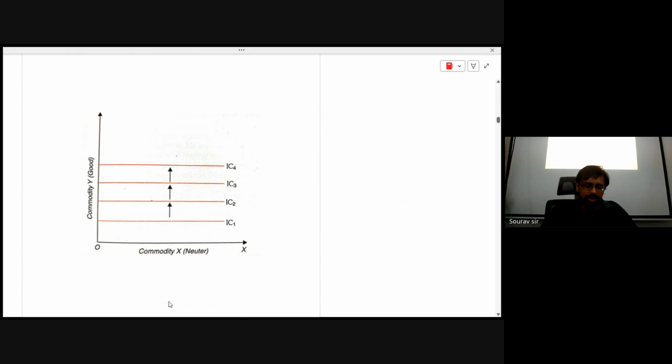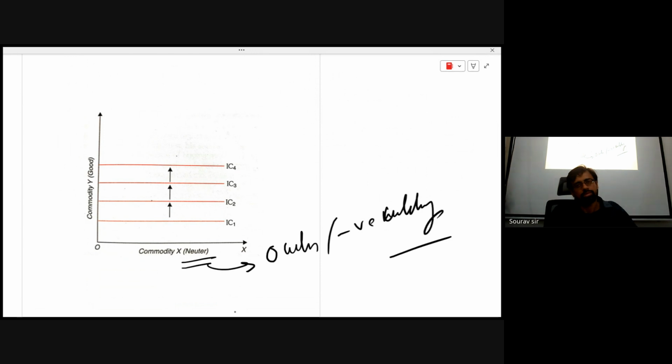Next. This is an IC. ये कौन से प्रोडक्ट के लिए IC ऐसे होता है? क्या है? ये न्यूट्रल का मतलब क्या है? जीरो यूटिलिटी या फिर नेगेटिव यूटिलिटी, है ना?